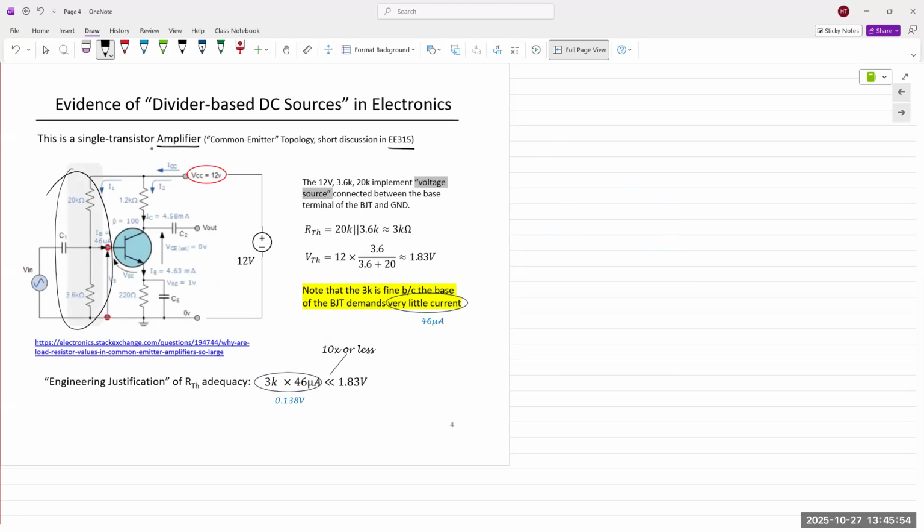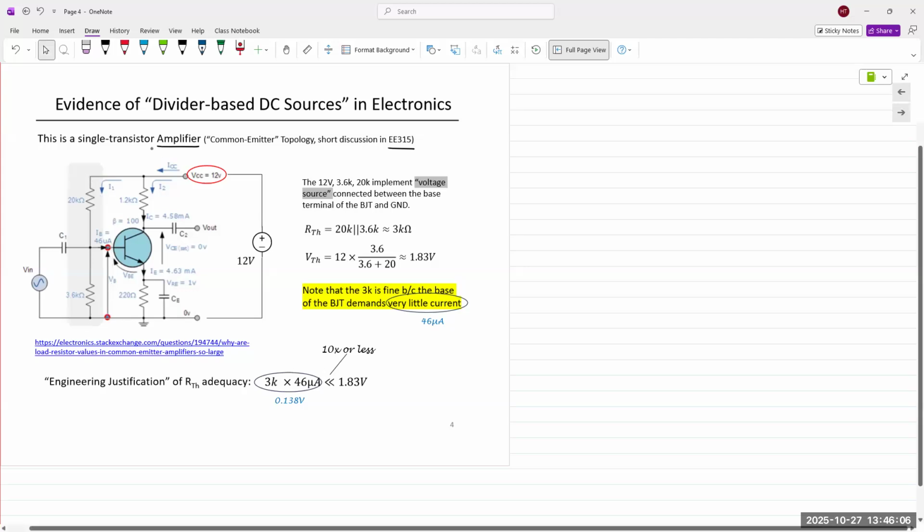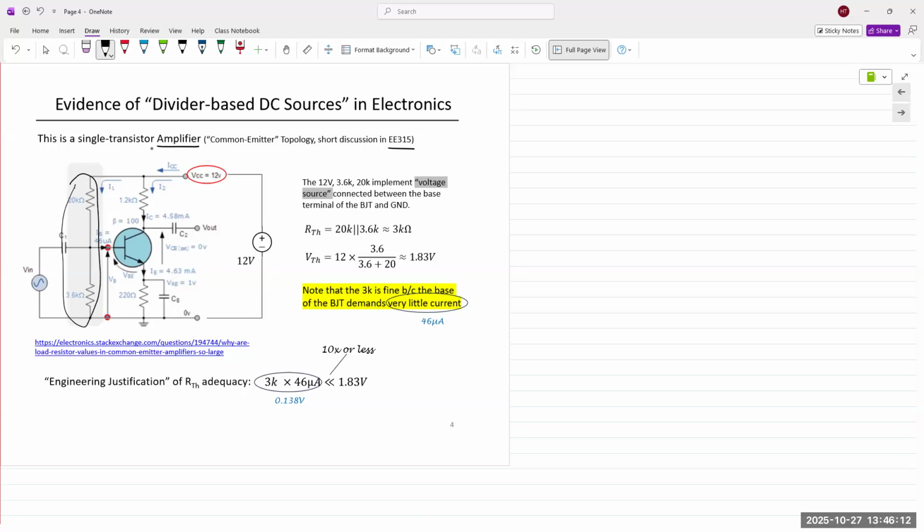It's a 300-level class you'll be taking in spring. And we use a voltage divider network at the base on the left side of the circuit, which is here, in order to provide a specific voltage going into the input terminal.